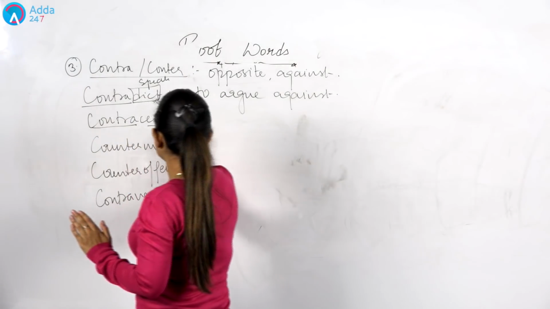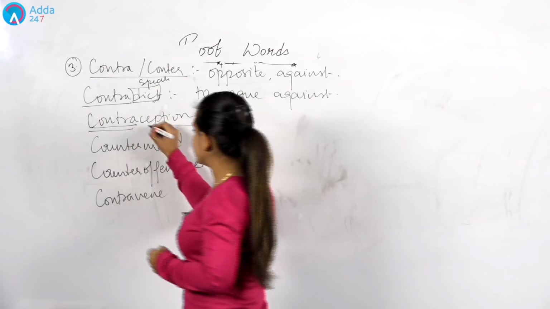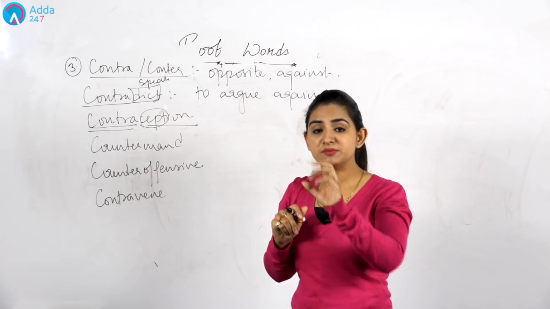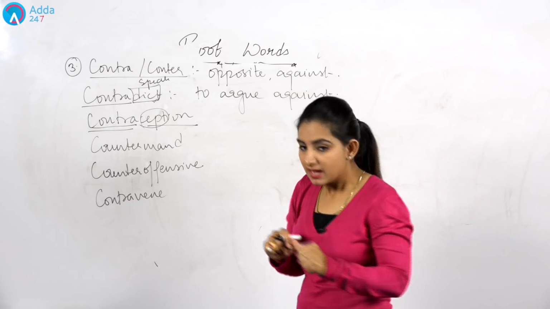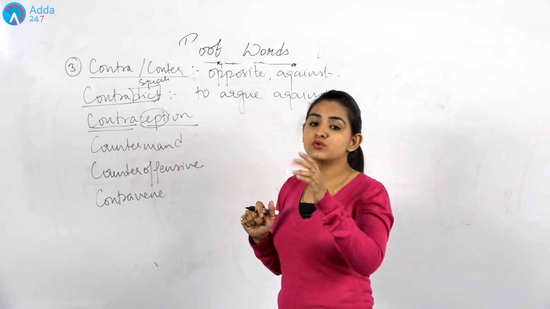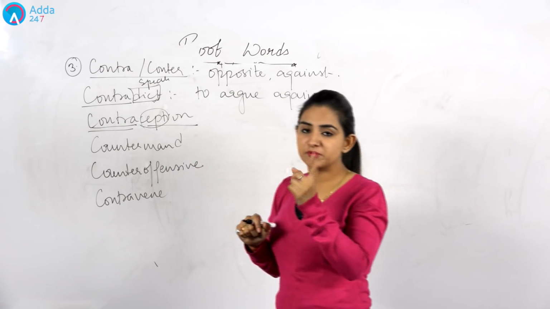Next is contraception. See, when I say contra, this means opposition. When I say cept, C-E-P-T, this means receiving, carrying, holding. And if it is written with contra, this means you don't want to hold something, you don't want to carry something. This is what we mean by contraception. Now see, contraceptive pills are also there, right?